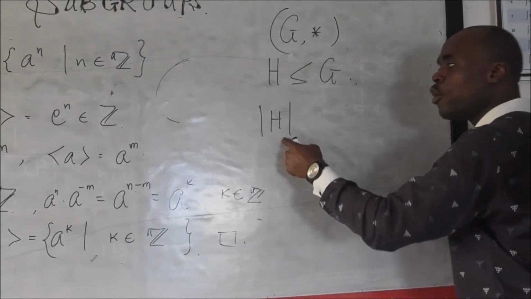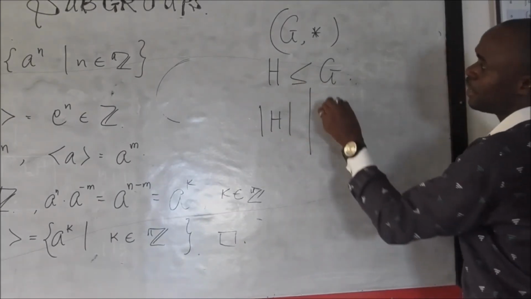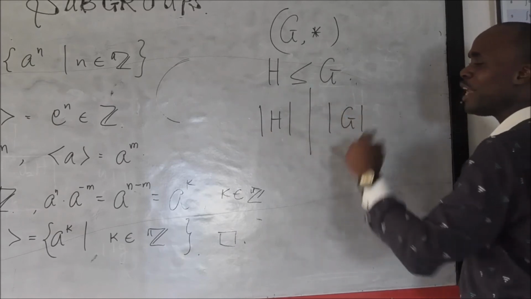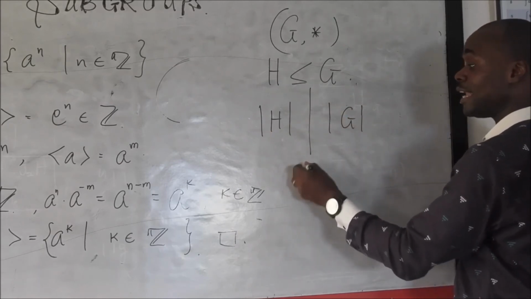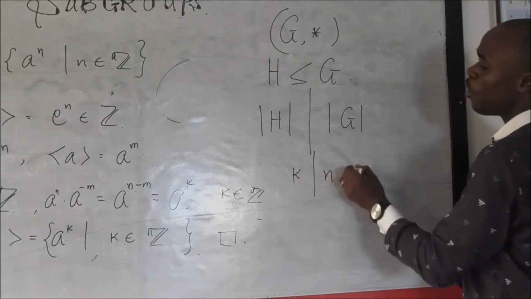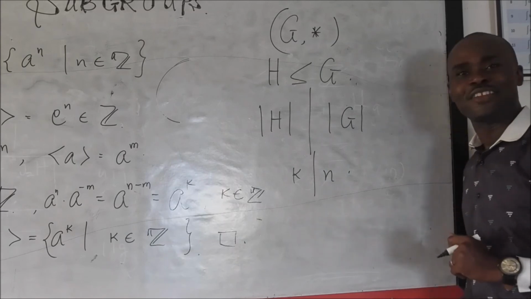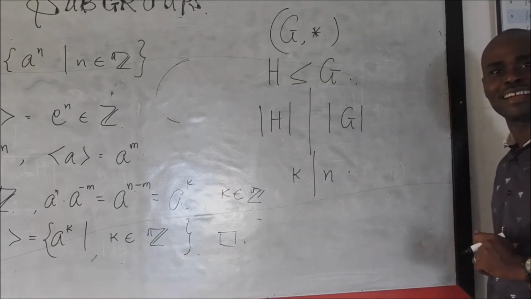That is what Lagrange is saying. So if the order of H is, let us say, k, it is going to divide the order of G, which is n. A very interesting result discovered by Lagrange.